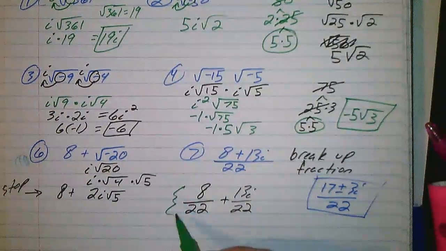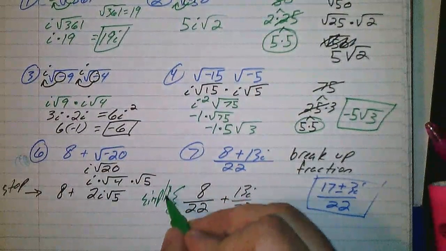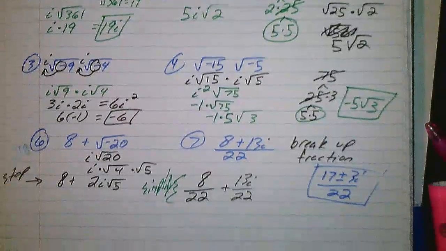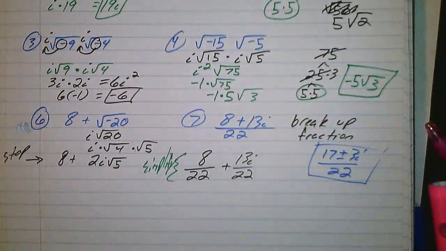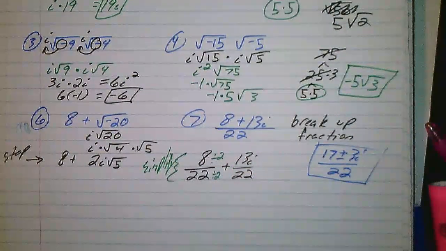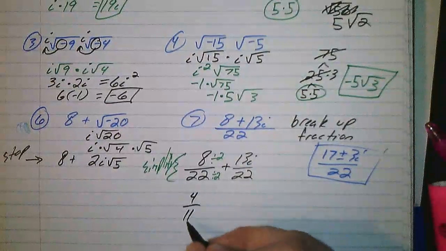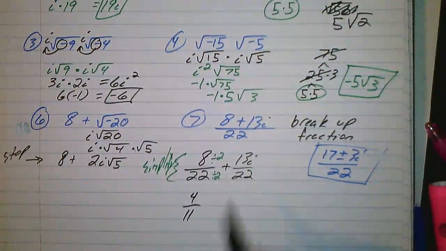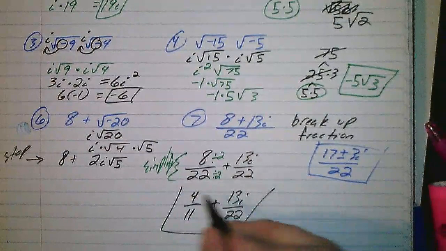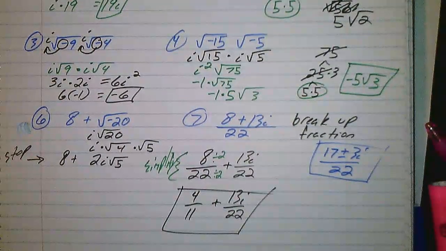So this piece right here will simplify, but this will not. 13 is a prime number. 13 and 22 have no common factors. But here, 8 and 22, we can divide both by 2, or put 8 over 22 in the calculator and hit math, enter, enter, and you will get 4/11 plus the 13i over 22. And we cannot combine those. That's as much as we can do.